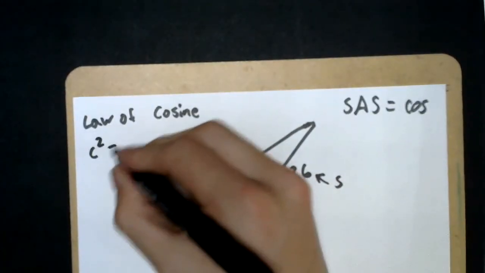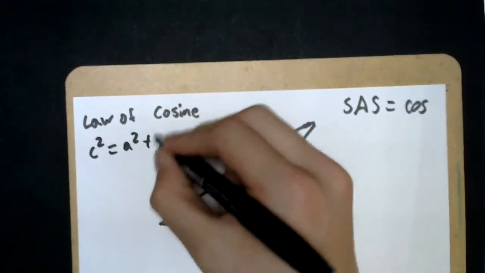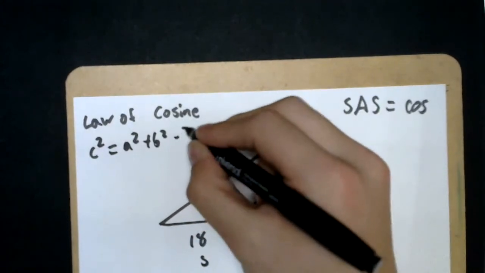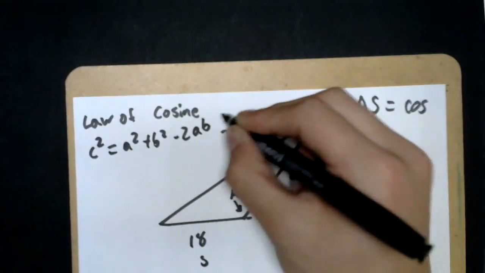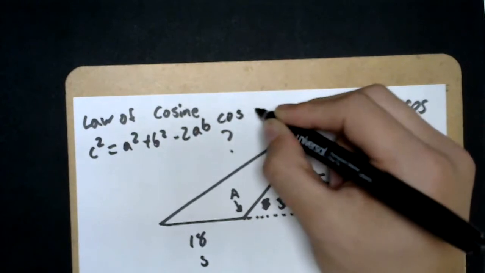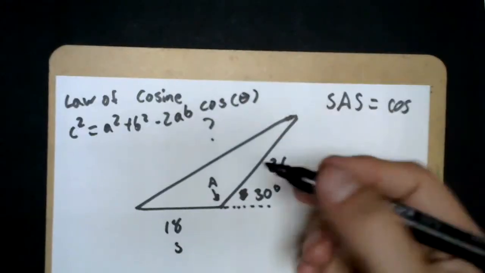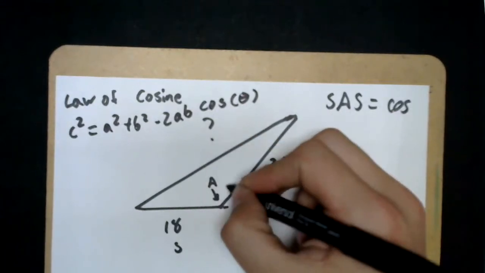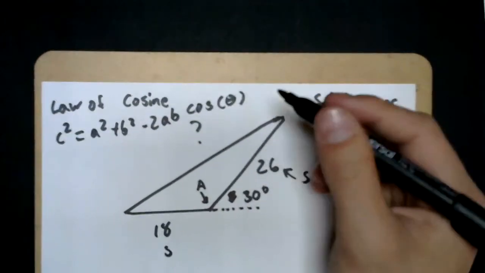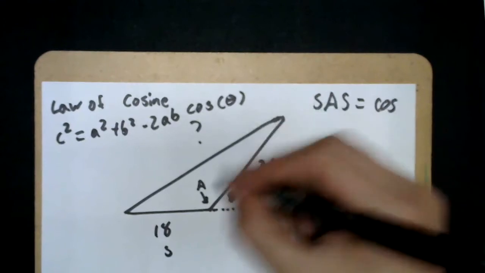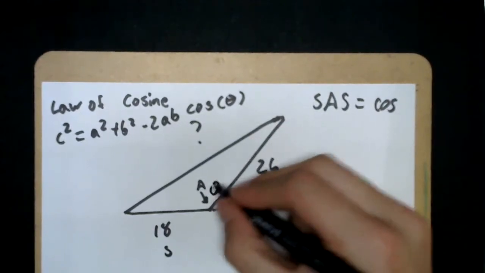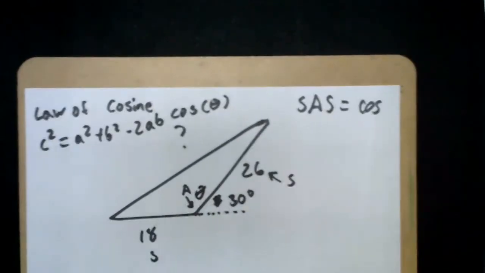It's basically c squared equals a squared plus b squared minus 2ab cosine of theta. Some equations put a big C because C is across from C, but theta is what we use because this is the angle, which we don't know.